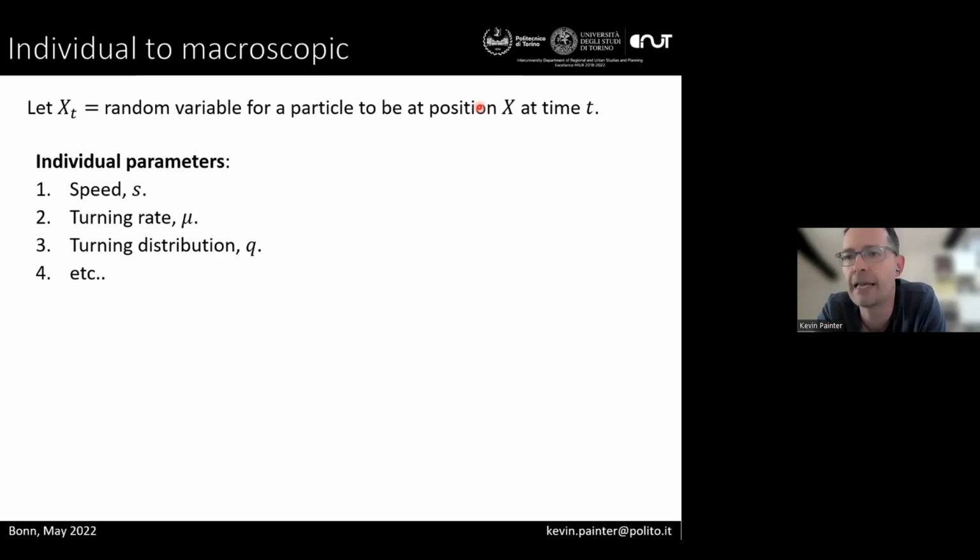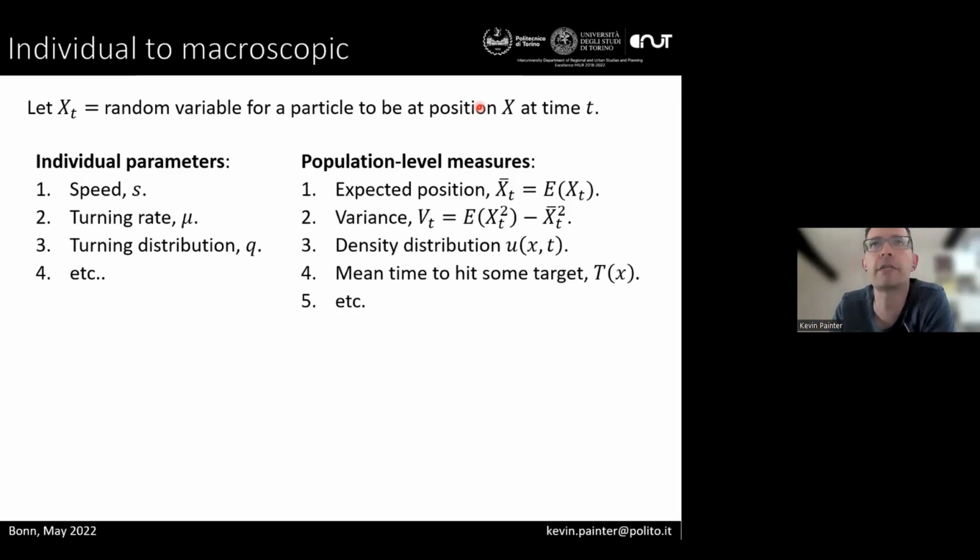If we're tracking a cell with a video in some experimental setup, we can calculate these statistics: its mean speed, its mean turning rate, its turning angles when it changes direction, and so forth.